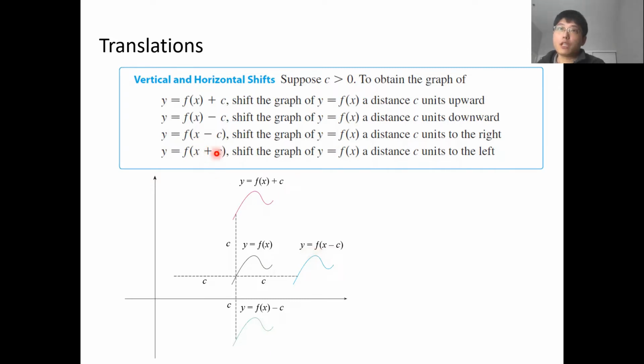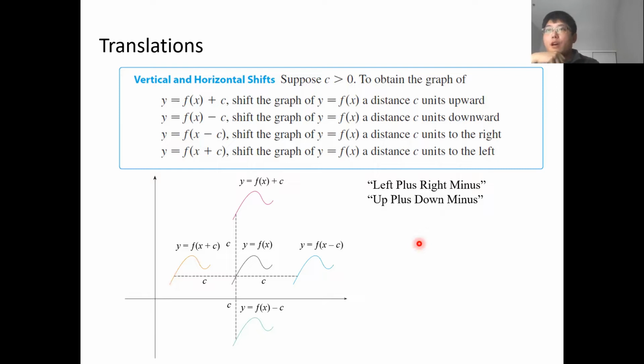And if you're seeing a positive sign over here, this means you need to shift the graph to the left by c units. So this will be the graph of y equals f of x plus c. To summarize the rules in simple words: left means plus, right means minus, and up means plus, and down means minus. All right, so in summary, this is basically the rule.